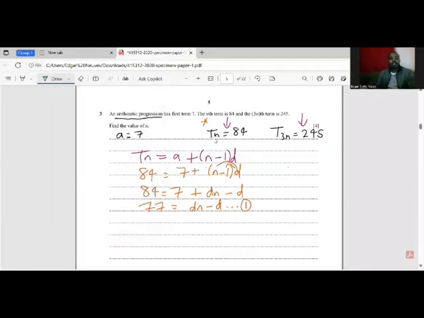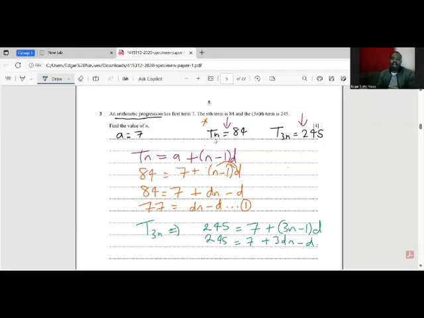Right. Now T3n. Okay, T3n, that's where I'm going to go now. For T3n, the term number is 245. First term is still 7. Then n, we're not going to replace this n by n. We're dealing with 3n, so it's 3n minus 1 multiplied by d. Distribute: 245 is equal to 7 plus, d times 3n is 3dn, d times negative 1 is negative d.